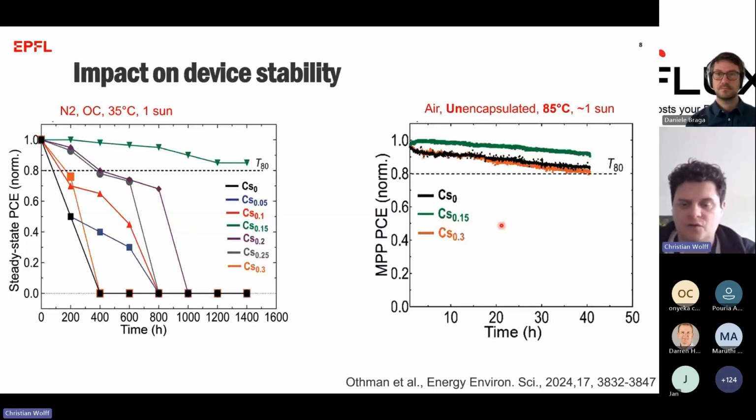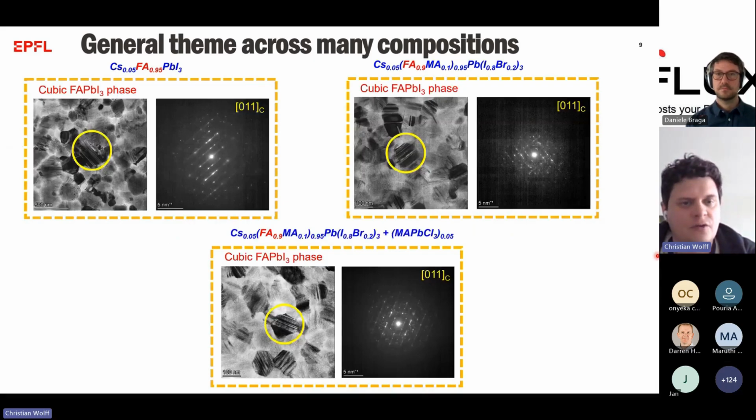What I want to stress is that this is not unique to the system that we have been looking at so far, the cesium-FA binary system, but Mustafa also looked at other systems that are floating around in our lab that we use for different purposes. Most famously, we have this triple cation mixed iodide bromide system, as a standalone, that was, I want to say invented, but coined by Michael a couple of years back.